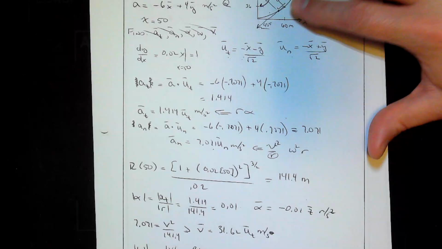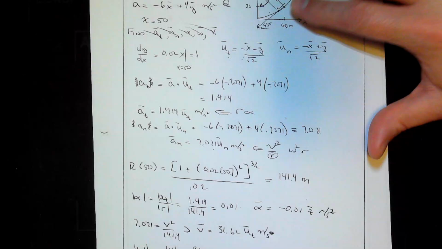That makes sense because this is going this way. It's accelerating downhill. ut is going downhill. So AT is 1.414 ut, meters per second squared.